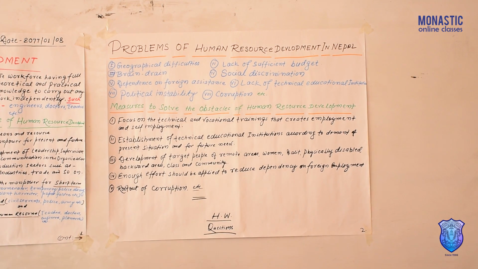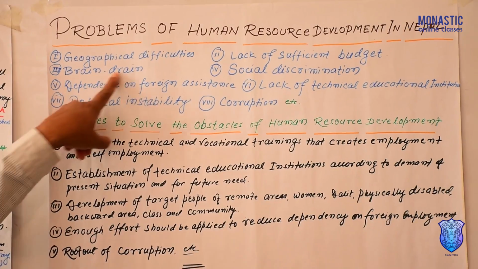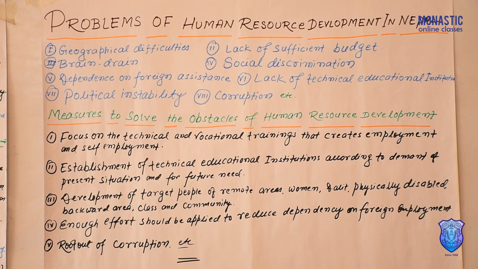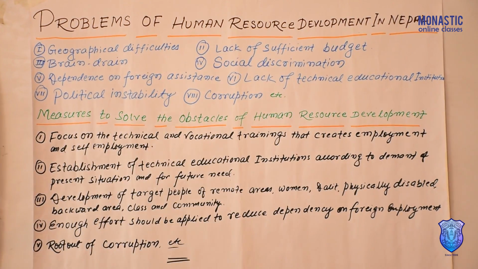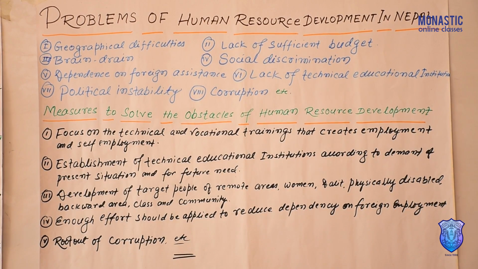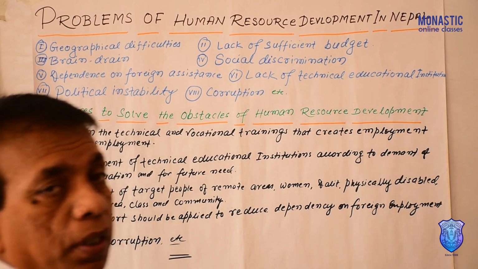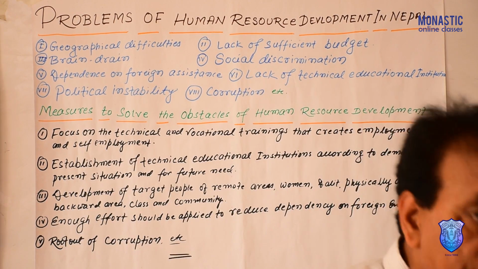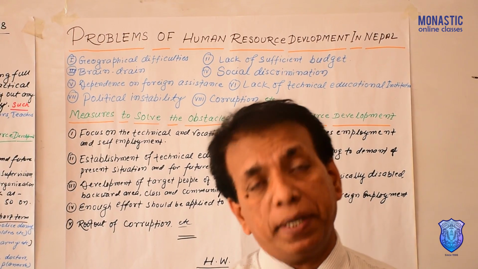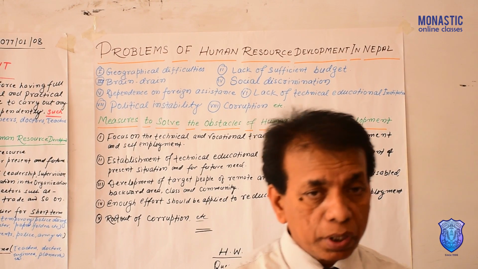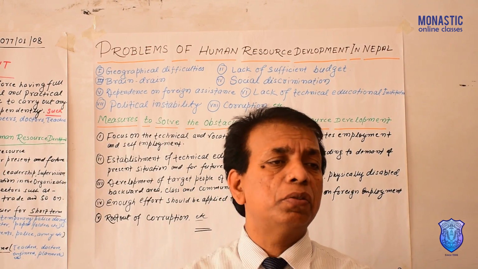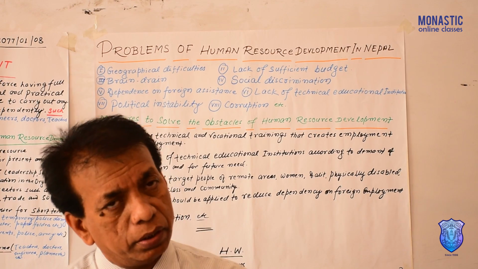So this brain drain is deeply rooted in our country, because daily thousands of youth of our country are going to foreign countries for employment, to work as foreign employees.